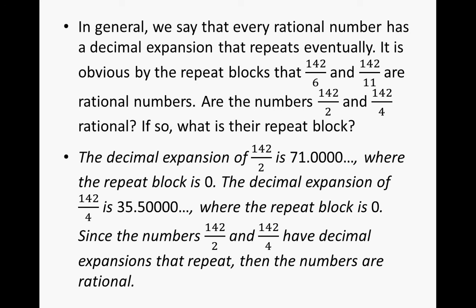Well, the decimal expansion of 142 over 2 is 71.0, and the 0 repeats, where the repeating block is 0. The decimal expansion of 142 over 4 is 35.50 repeating, where the repeat block is 0 again. Since the numbers 142 over 2 and 142 over 4 have decimal expansions that repeat, then the numbers are rational.